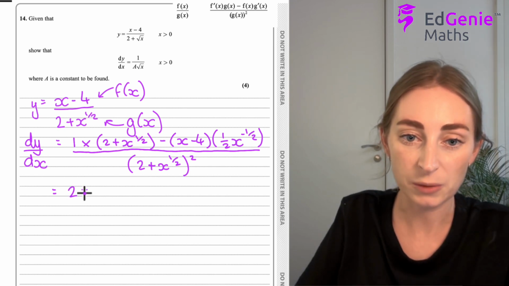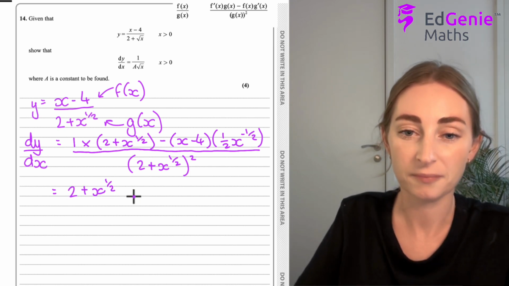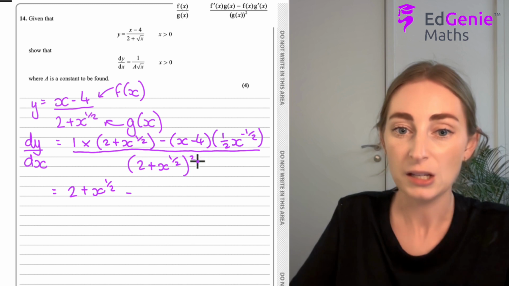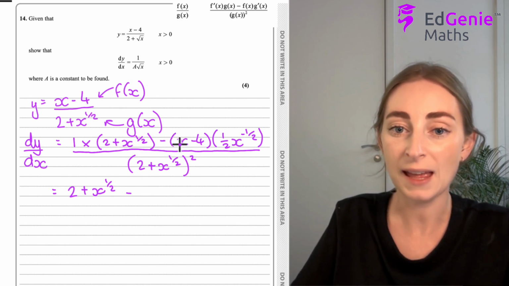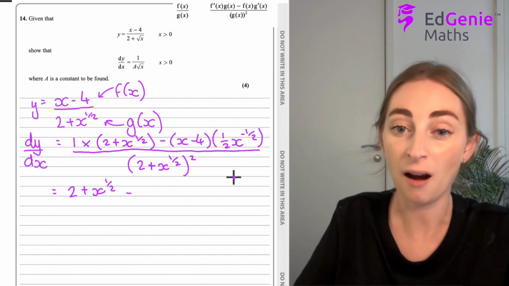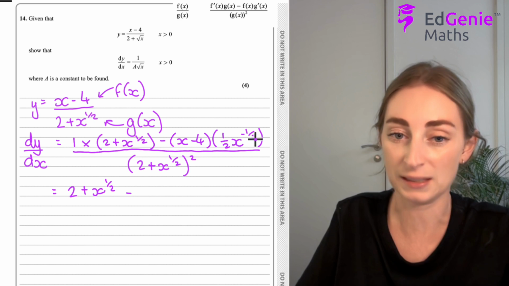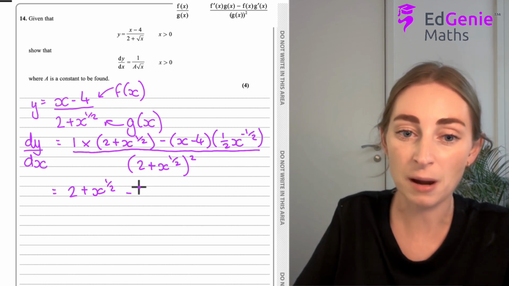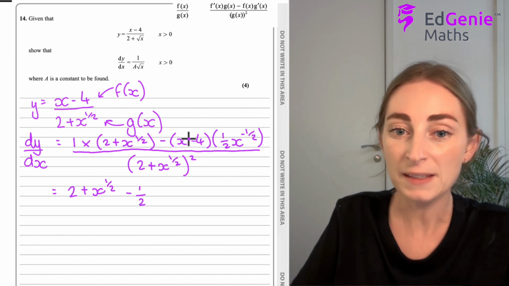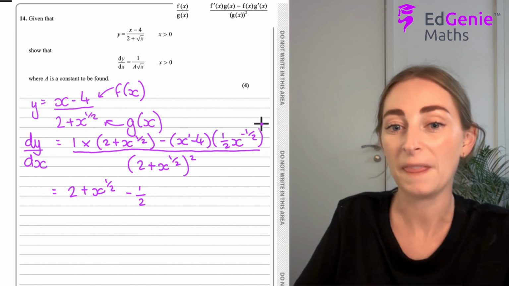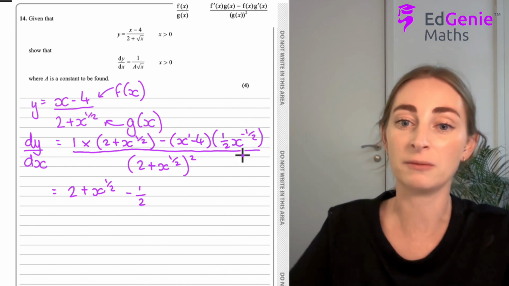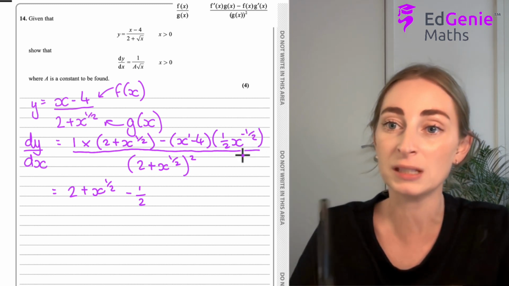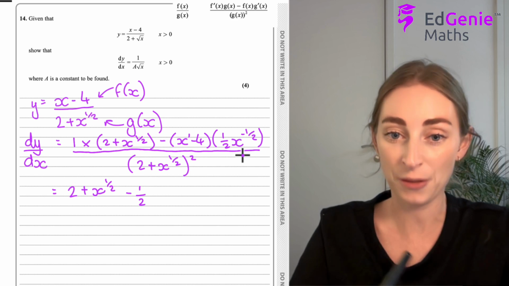This first bit's quite easy. Minus. So if we do minus x times by a half x to the power of negative a half, that's going to be minus a half. This is to the power of 1. That's to the power of negative a half. And remember, when you multiply them and they've got the same base, you add the powers.